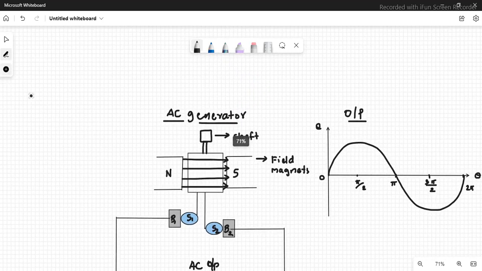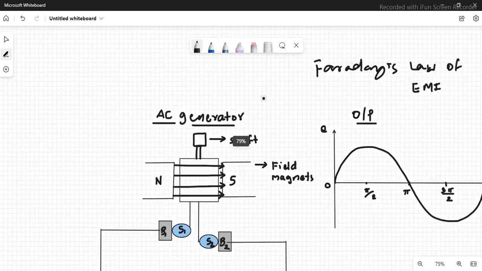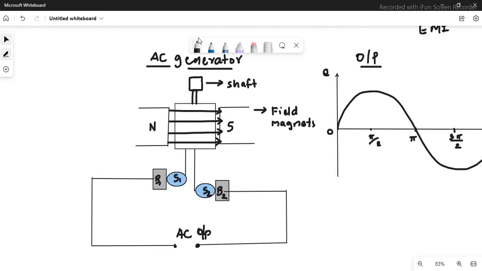According to Faraday's law of electromagnetic induction, we know that whenever there is a change in magnetic flux associated with a conductor, an EMF is induced in the conductor. It also states that the induced EMF will last as long as the change in magnetic flux persists.